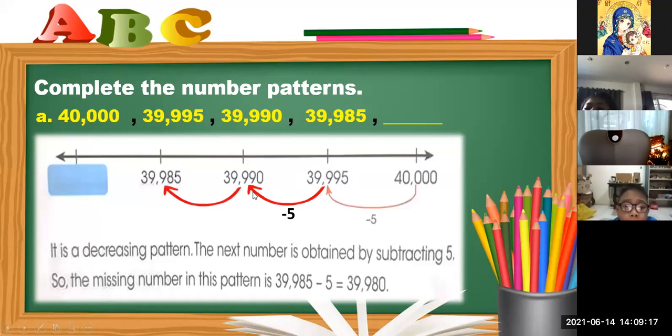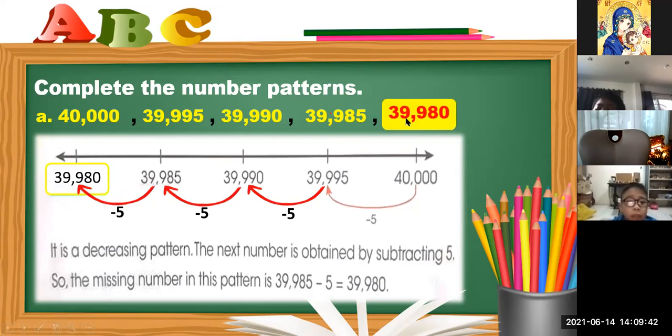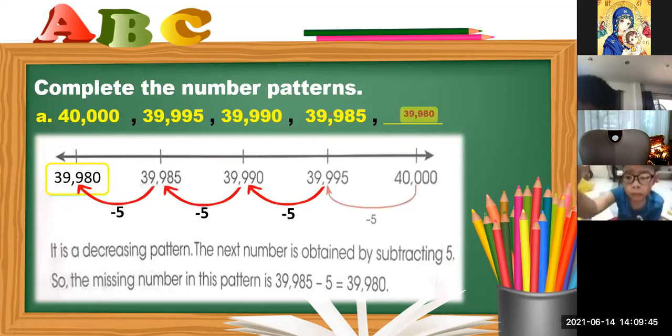Now 39,990 minus 5 is 39,985. And here again, 39,985 minus 5, the answer is 39,980. So the answer here is 39,980.